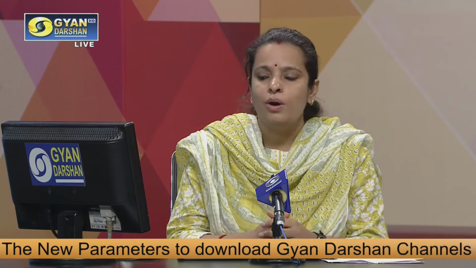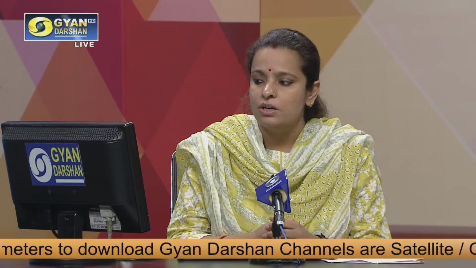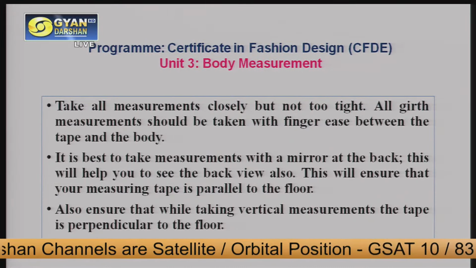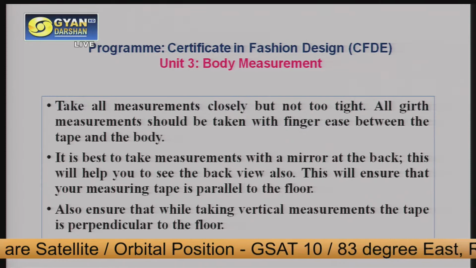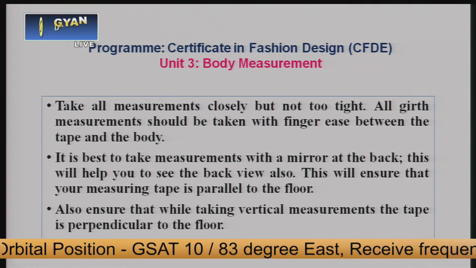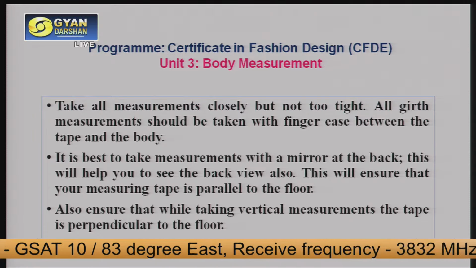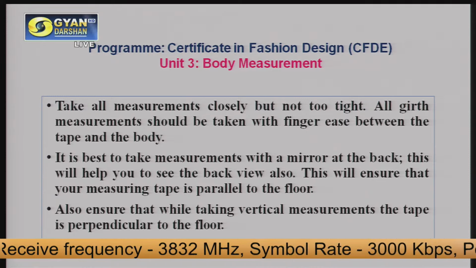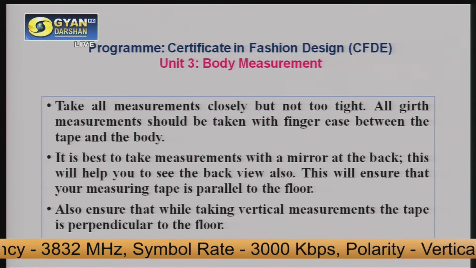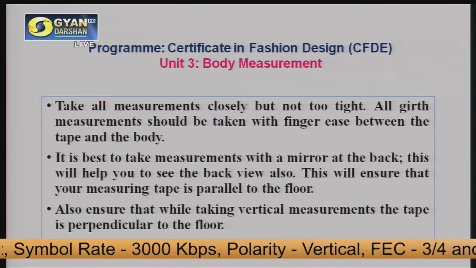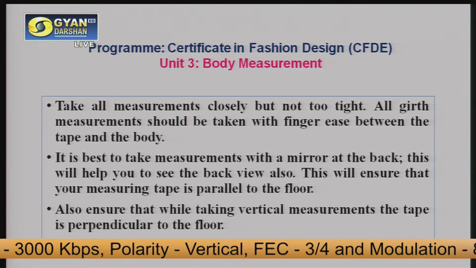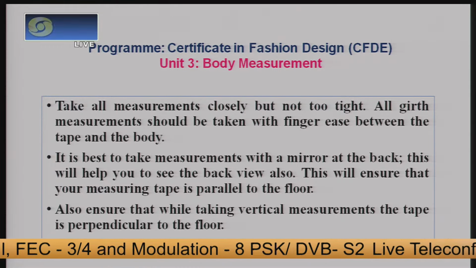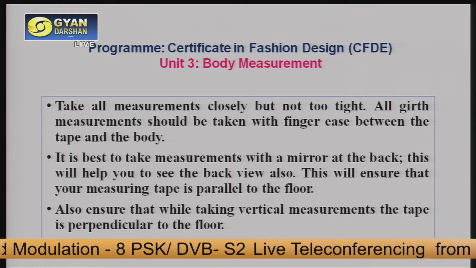Then the third point is to take all the measurements closely but not too tight. Sometimes we feel that if we take the measurement very close to the body, we will have a well fitted garment, but that is not correct. So take all the measurements closely but not too tight, and all the girth measurements, meaning the circumference or round measurements of the body, should be taken with a finger ease between the tape and the body.